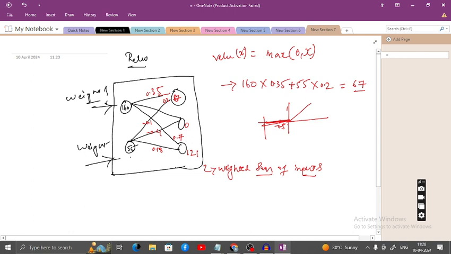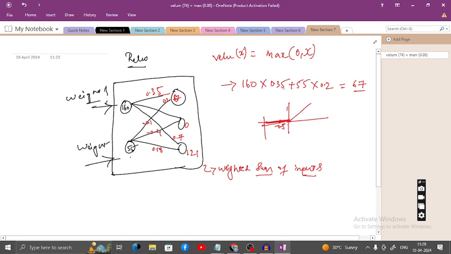So the ReLU activation function works like this. Why am I telling this? Because most of the time in RNN, each intermediate layer passes through the ReLU activation function, and then the output will come.